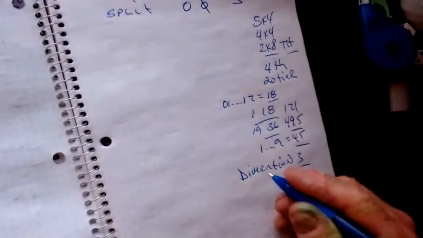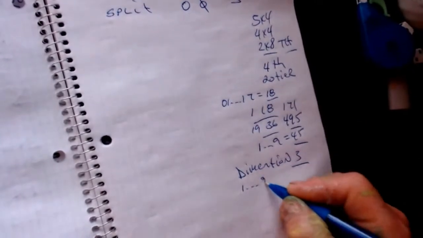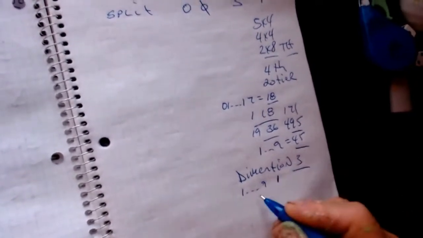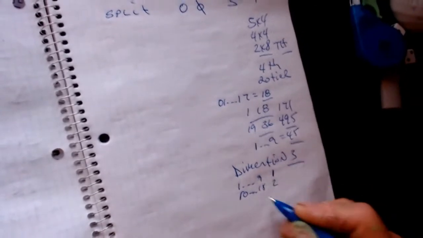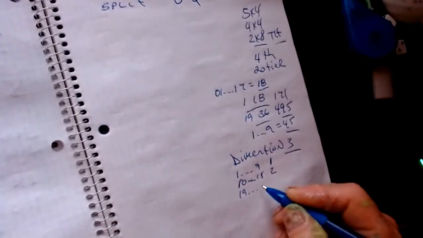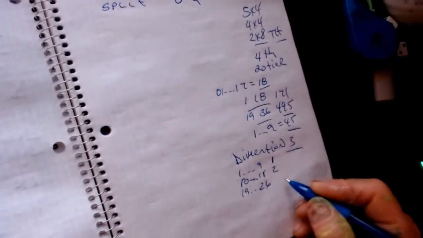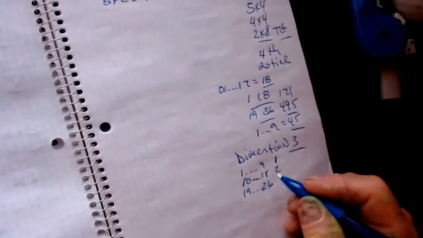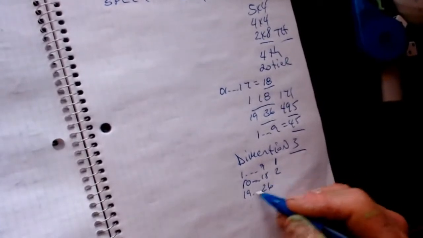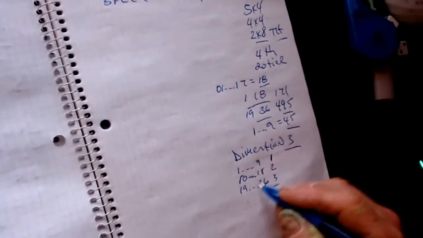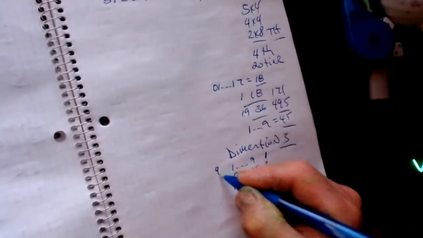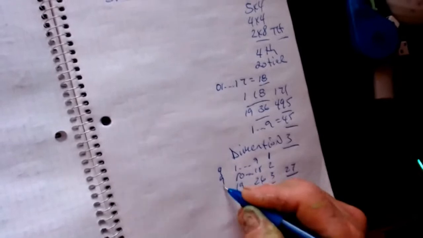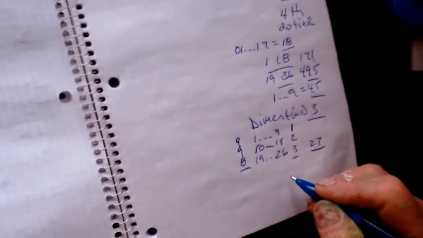How can we explain this? Because I'm going to count 1 over to 9 as 1, and 10 over to 18 as 2, and 19 over to 26 as 3. Did I get that right? Please note that we only got 9 numbers here, and here we only got 8 numbers.